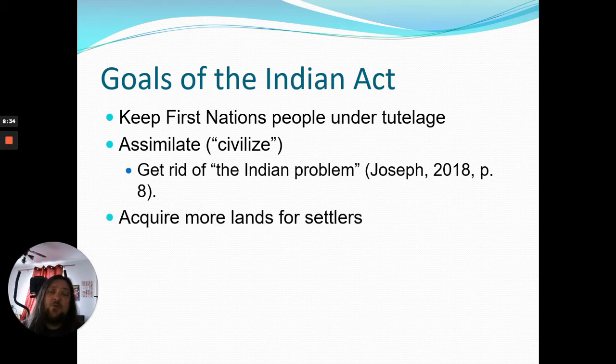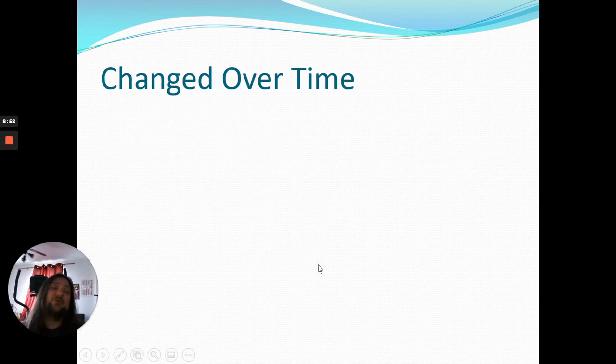So the federal government wanted to acquire more land for settlers, right, to expand Canada as a nation, and that meant having access to more land, more waters, more resources, or things that they considered to be resources. So the Indian Act was directly linked to that, and we'll see that in more detail later on.